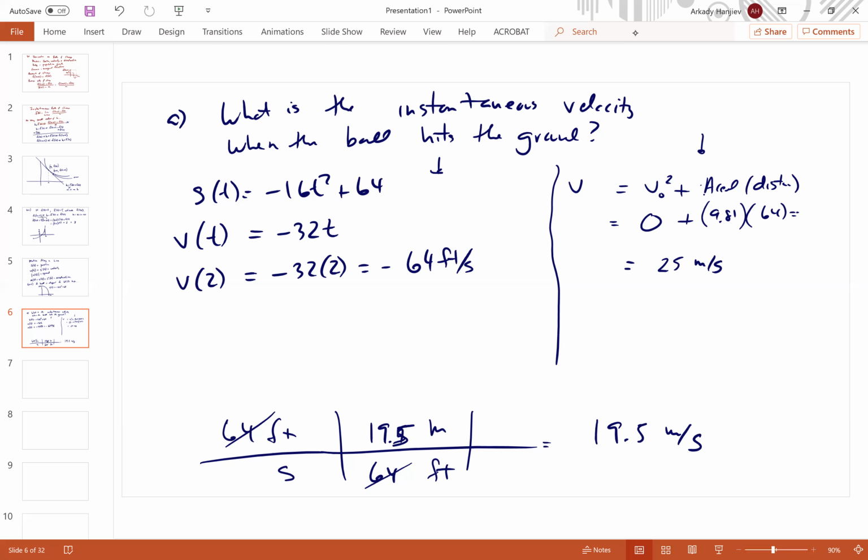Yeah, so there's a disparity. Well, because the physics one, you can't really plug feet into it. So I converted it to meters first, and then plugged it in the physics equation, and it worked.